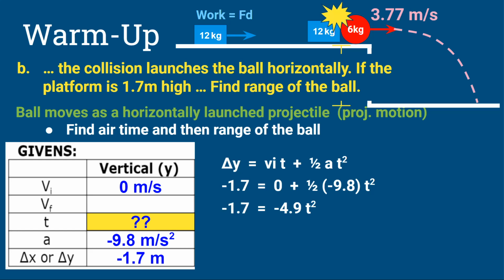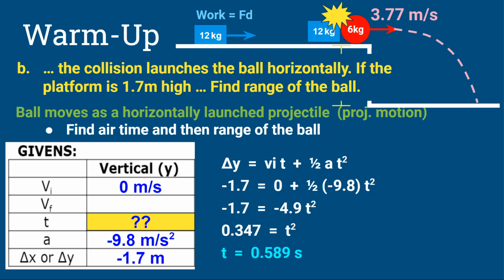That becomes negative 1.7 equals negative 4.9 t squared. When I divide both sides by negative 4.9, those negatives cancel, leaving me with 0.347 equals t squared. And then, of course, I need t, not t squared, so we take the square root, and we get a time of 0.589 seconds.